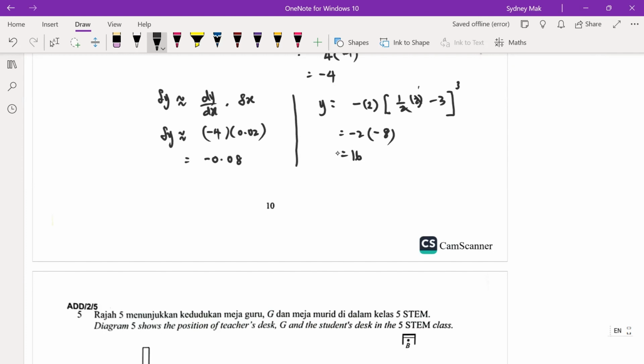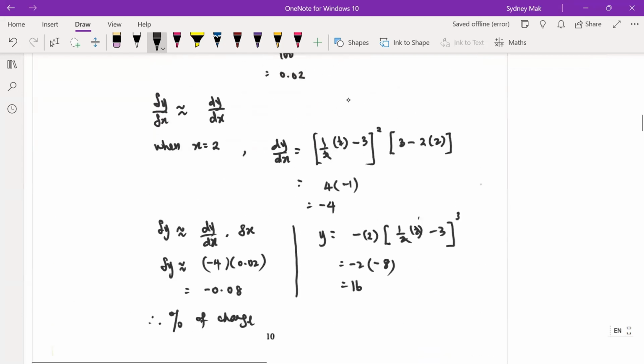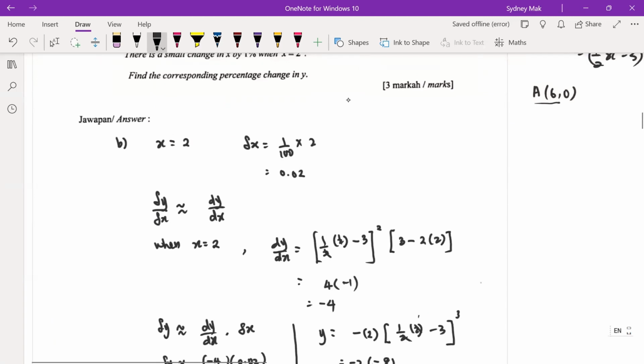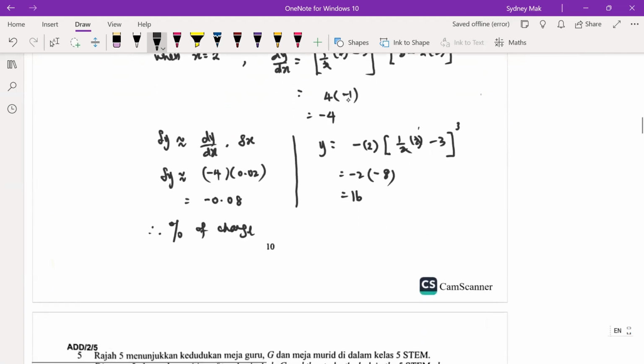So we have plus 16. Therefore, the percentage change in y will be, we take the positive value, because the change either increases or reduces, it doesn't really matter when we use it to calculate the percentage.